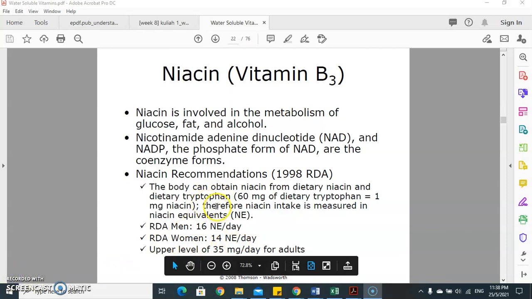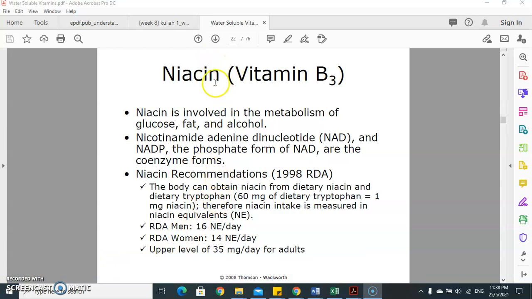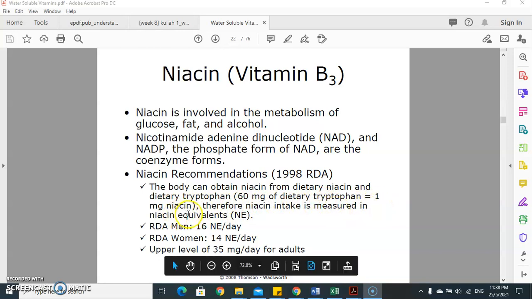Niacin sumber dia adalah banyak daripada ikan dan daging. Selain dia dikata dekat sini, the body can obtain niacin from dietary niacin. Dietary niacin means referring to the food sources, macam ikan, daging. And dia juga boleh dapat daripada dietary tryptophan. Sebab dekat sini, 60 mg of dietary tryptophan is equal to 1 mg of niacin.